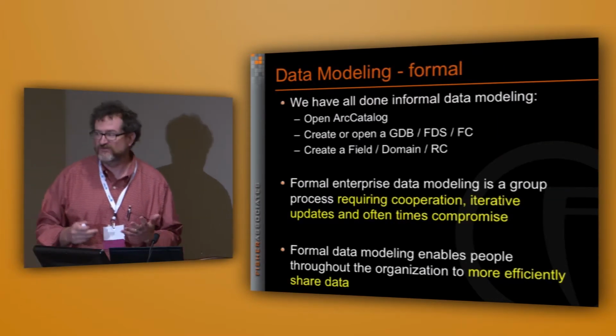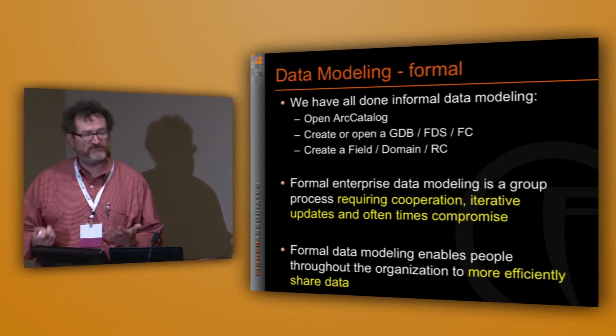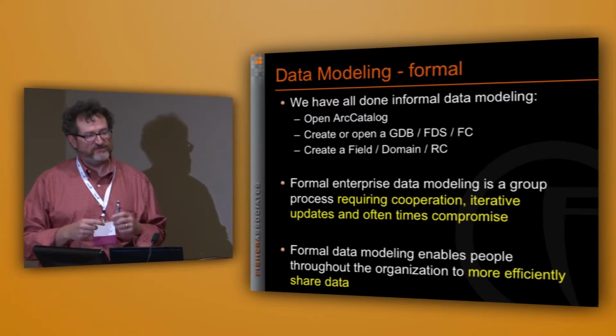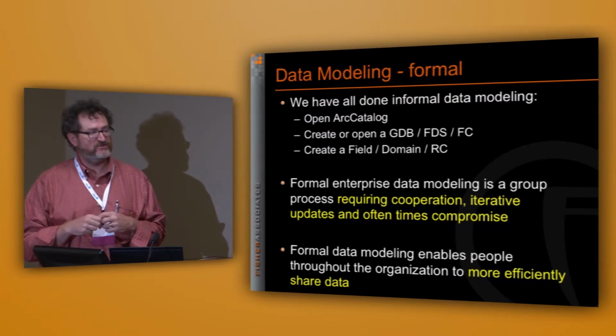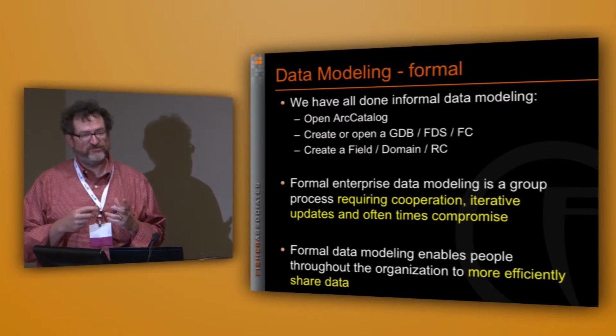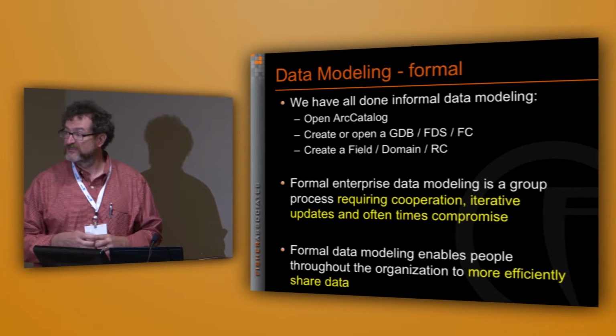So this is essentially formal data modeling. And we've all done, if we're GIS professionals, we've all done some sort of data modeling. We've opened up our catalog and we've said add a new feature class or add a new table, and then we've designed attributes to put into it. Add a new field, make it a string field, make it this long, make a numeric field, make it double, or make a numeric field, make it integer.